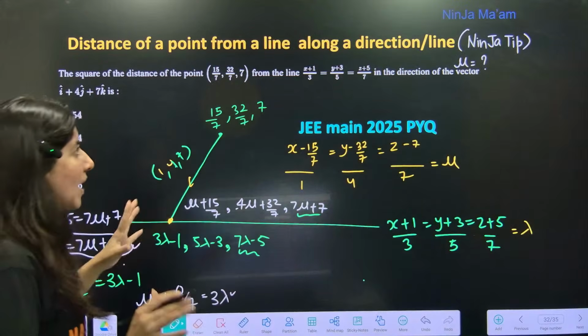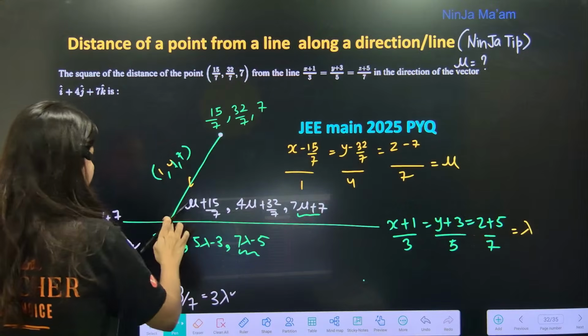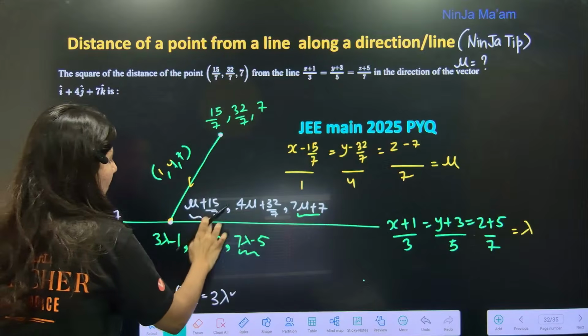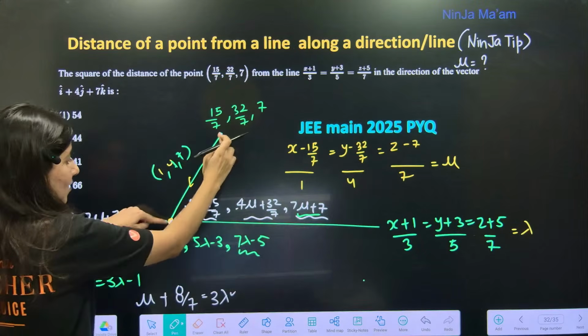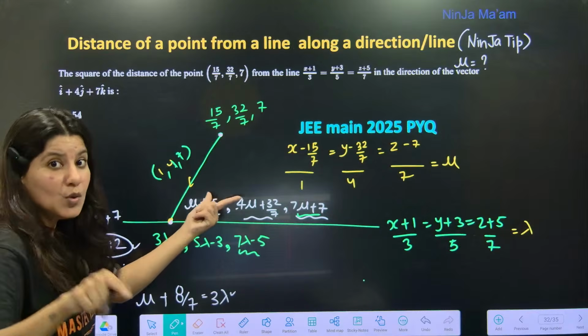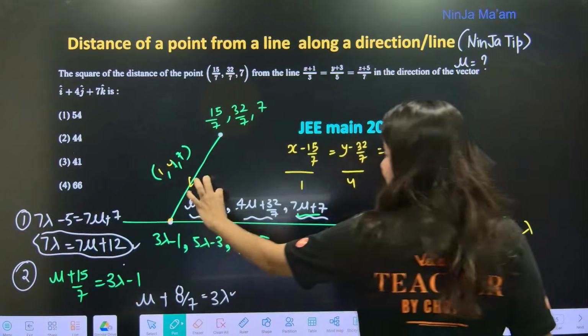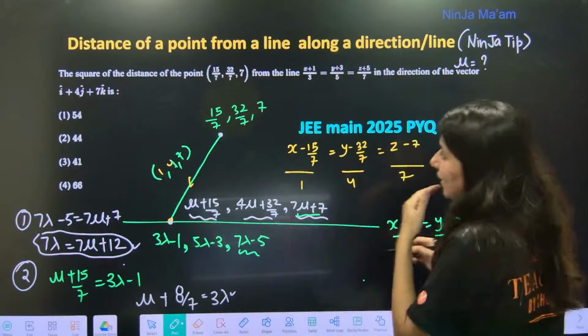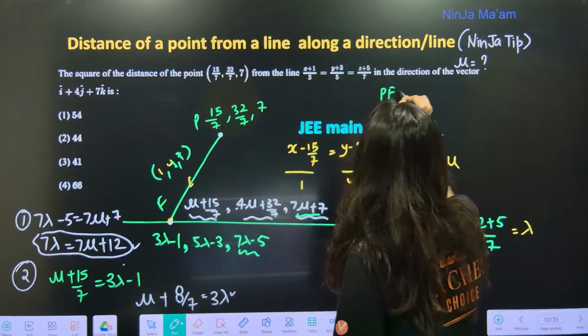Tell me, ma'am, we just have to calculate the distance between these 2 points. Tell me one thing. If you calculate mu now, and if you try to calculate distance between these 2 points using mu, not using lambda, then what will happen? Your this 15 by 7 calculation will get over. Suppose this is P, this is F. Tell me PF in terms of mu.